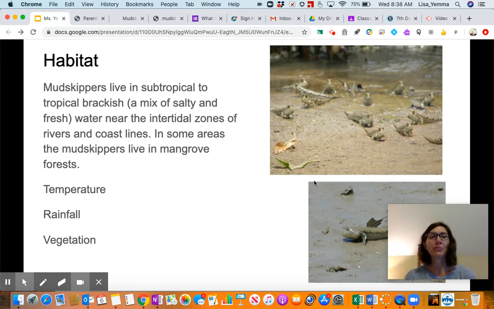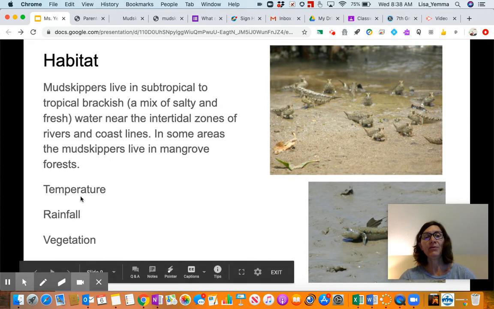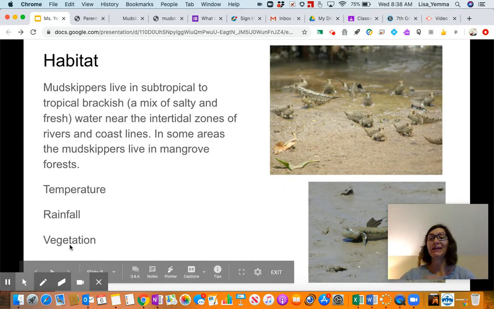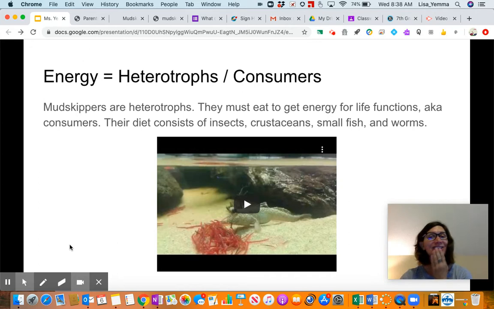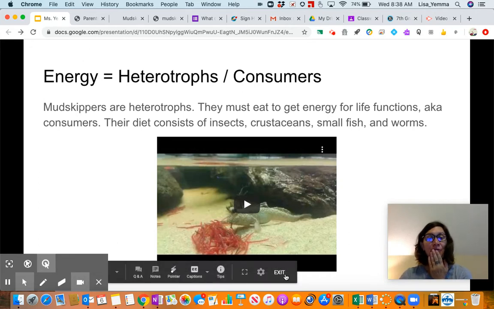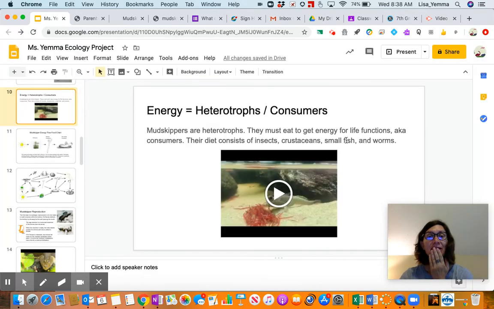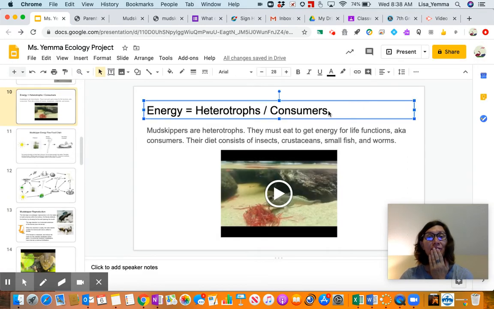So that subtropical brackish water, we were supposed to include things like temperature, rainfall, and vegetation, and I haven't gone back and put that in. I need to because it's due tomorrow. What about the energy? How does your organism get energy? And I actually learned something along the way that I did not know before, that some are autotrophs.